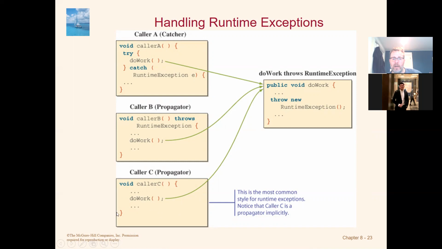Or caller C, I could say, I'm going to call do work, I actually don't have to do anything with that. I don't have to specify that I'm throwing a runtime exception. I don't have to handle it locally. But if an exception happens here in this do work method, then C, since it doesn't handle it locally, is automatically going to propagate it back to whatever method called caller C.